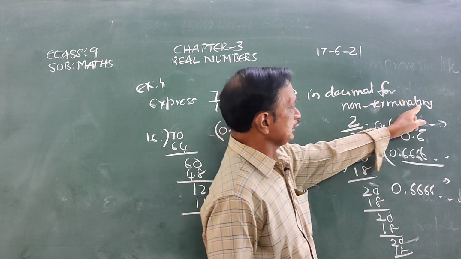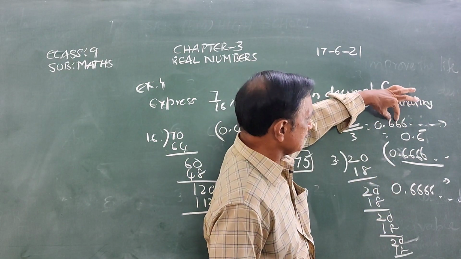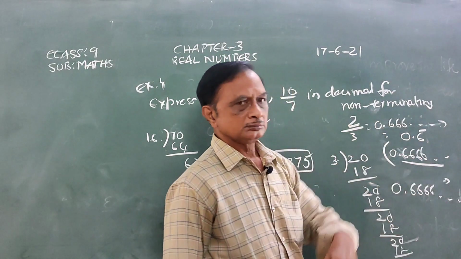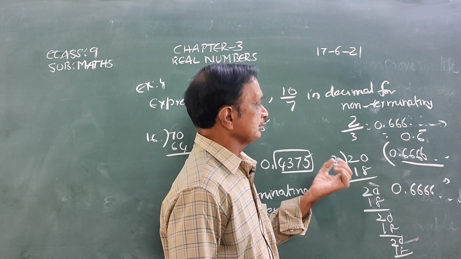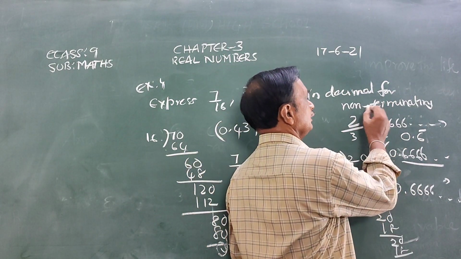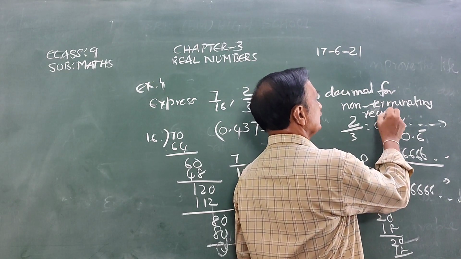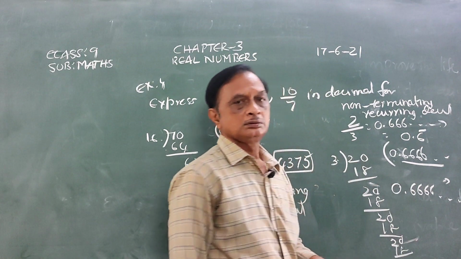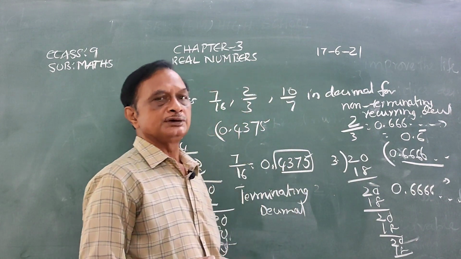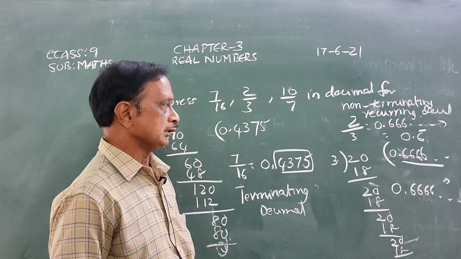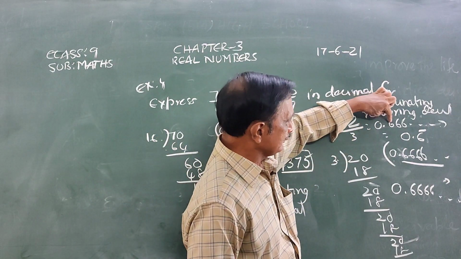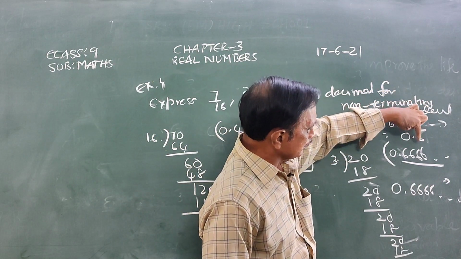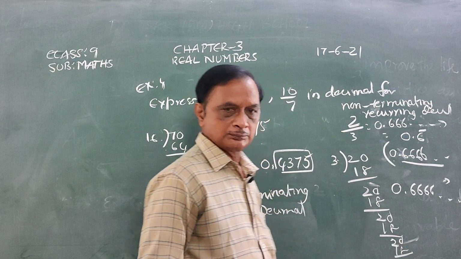It is called non-terminating. But in the decimal part, 6 is repeating. A part of the decimal part is repeating. It is called a non-terminating recurring decimal or non-terminating repeating decimal, which can be written as 0.6 bar on 6.